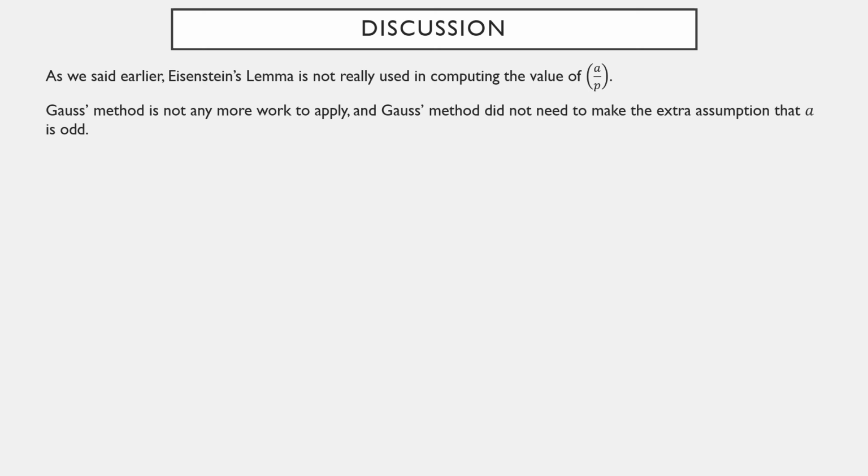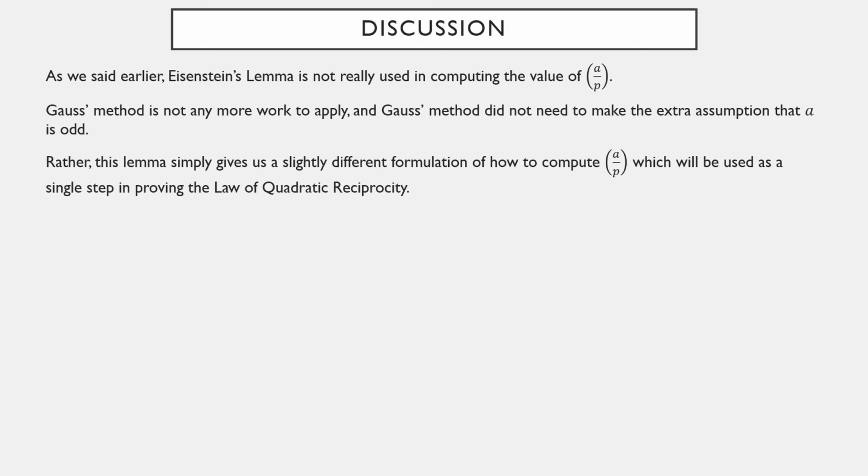But you really have to keep working through all of these multiples and keep applying the division algorithm. However, Eisenstein's lemma requires a to be odd, and Gauss's method does not. So they're really an equivalent amount of work, and Gauss's method will work whether a is even or odd. Eisenstein's lemma specifically required a to be odd. So we're not really going to be using it to compute the value of Legendre symbols.